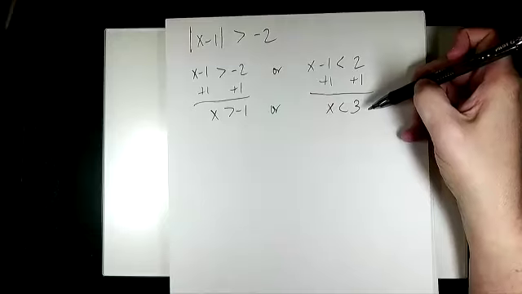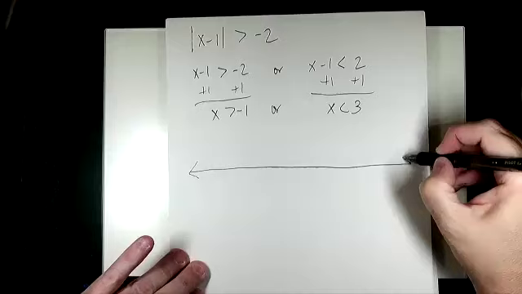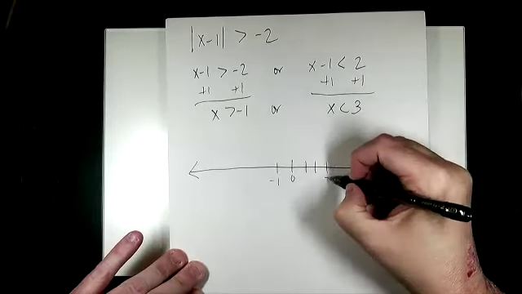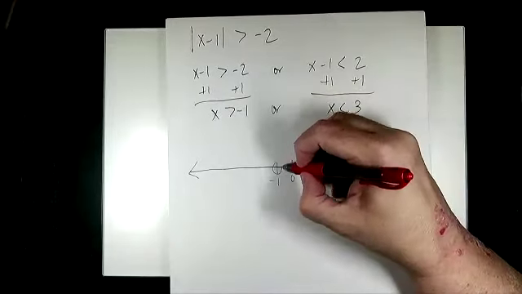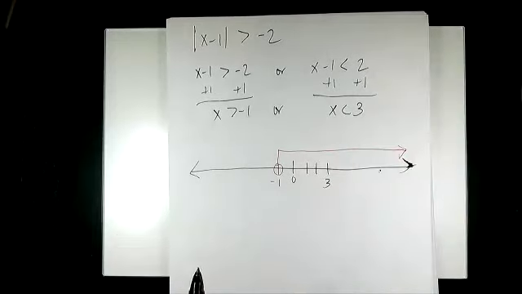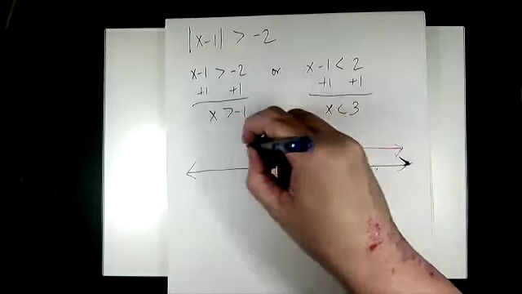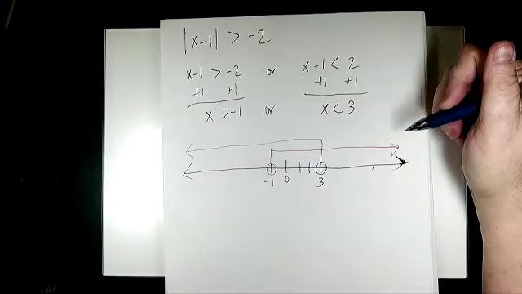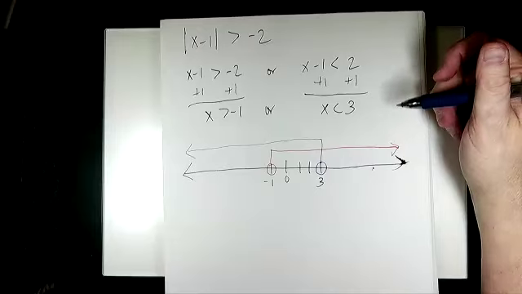And if I leave it like this, these are true, but let's look at what we're talking about here on a number line. X is greater than -1, starts at -1, and its numbers are larger than -1. X is less than 3, starts at 3, and its values are less than 3. It's an or, so it only needs to satisfy one. It needs to show up somewhere on the line.